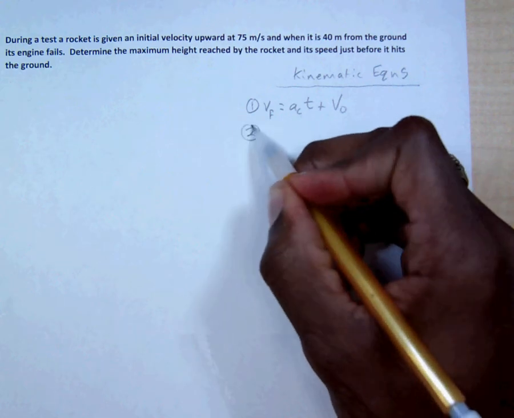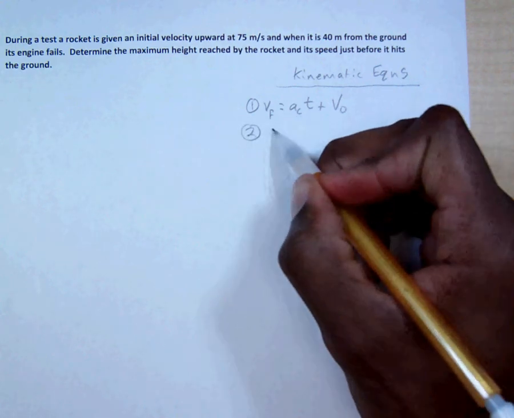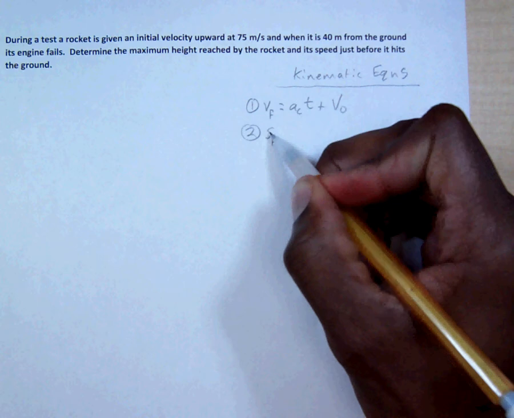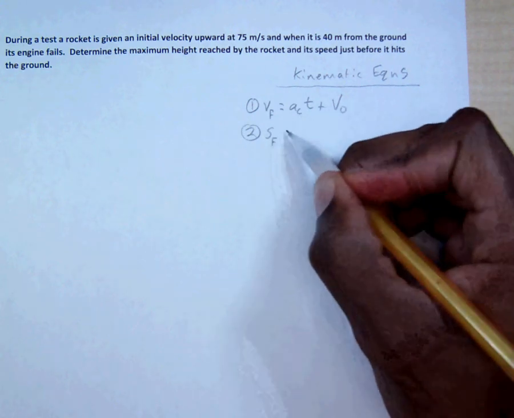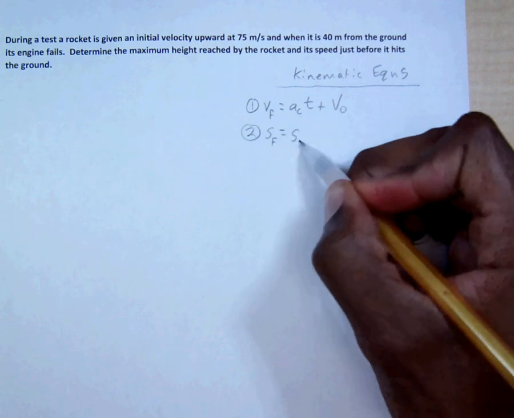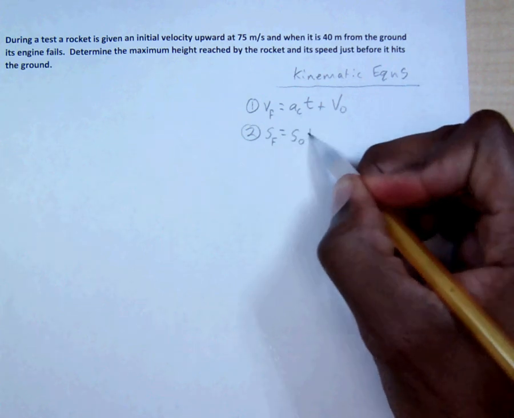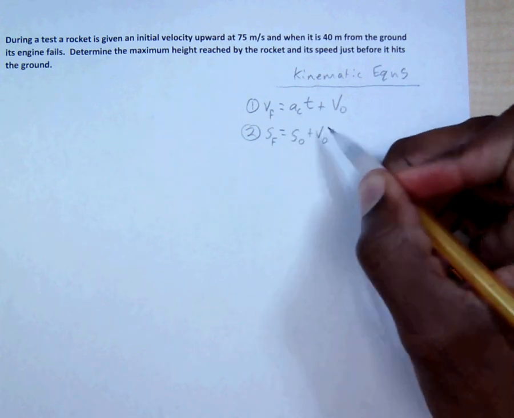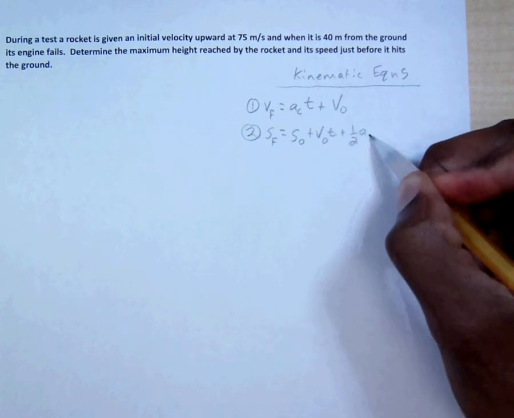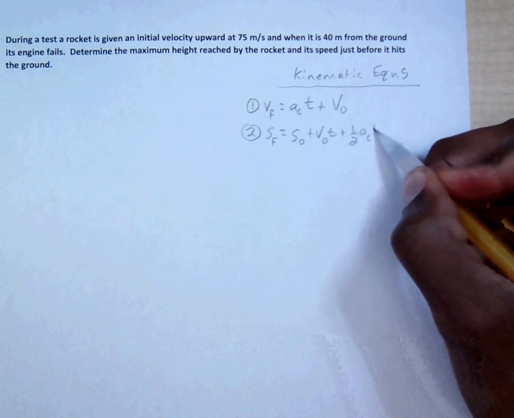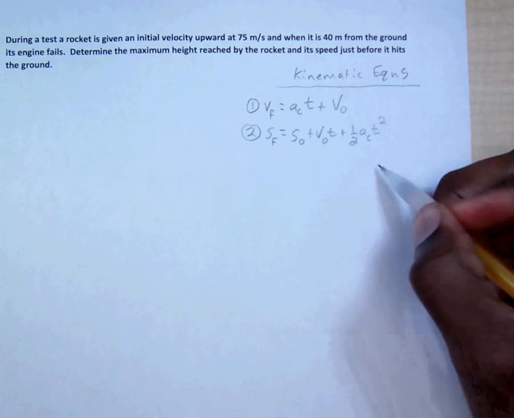For our second equation, we have the final position, so S stands for position. Sometimes people use an X, that's okay too. It equals your initial position plus your initial velocity times time plus 1/2 constant acceleration times time squared.